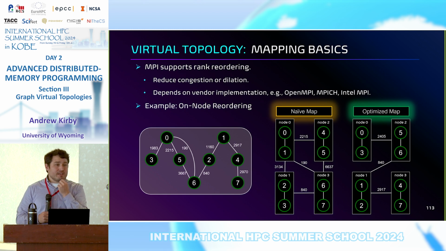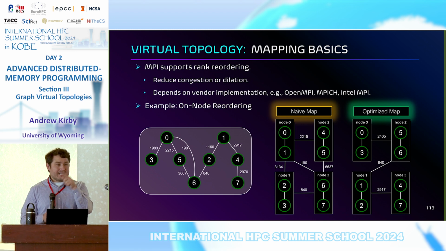So it could be that I have to communicate much more frequently with my neighbors, of course. With the weights, I can indicate to the MPI implementation, hey, can you reorder it to put these two ranks close together, in order to reduce that communication latency and improve performance?